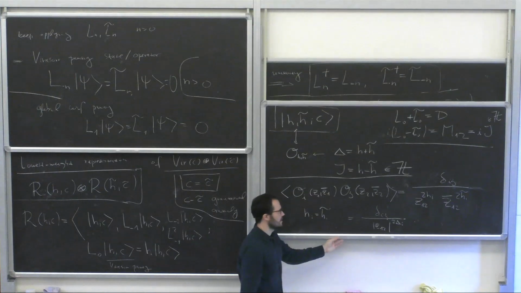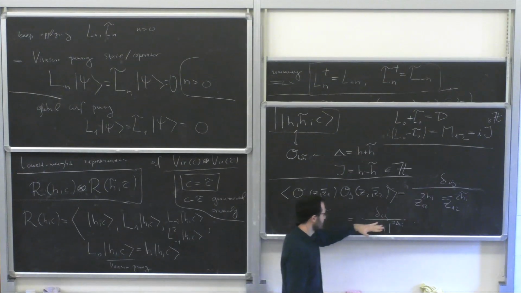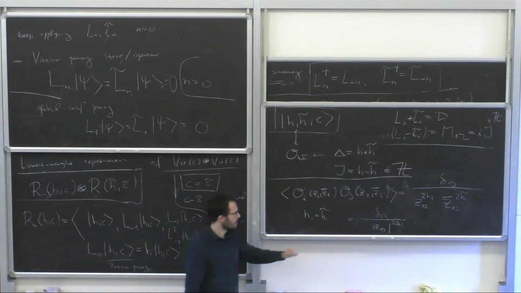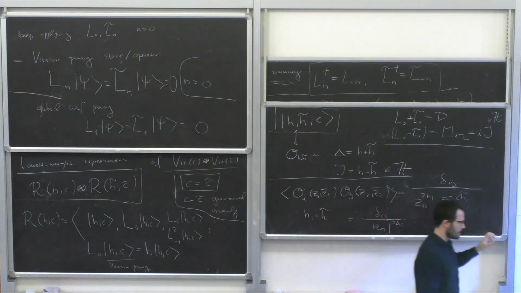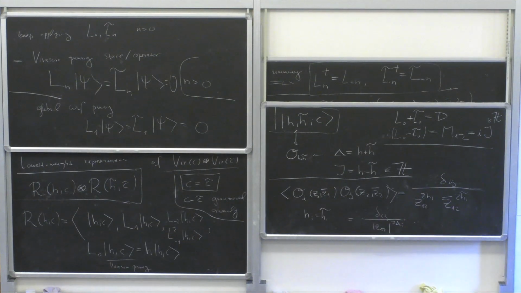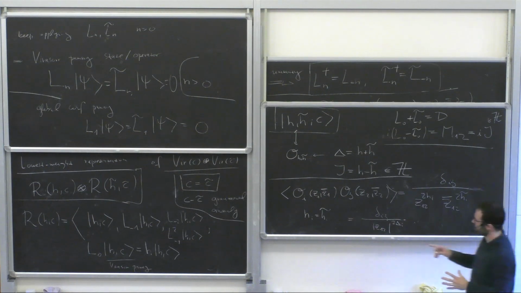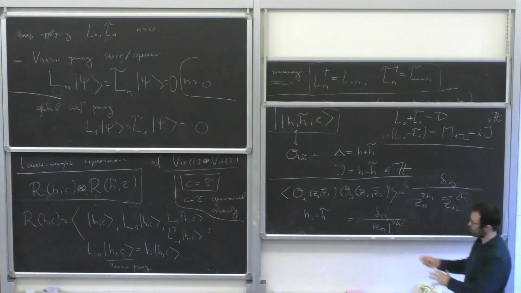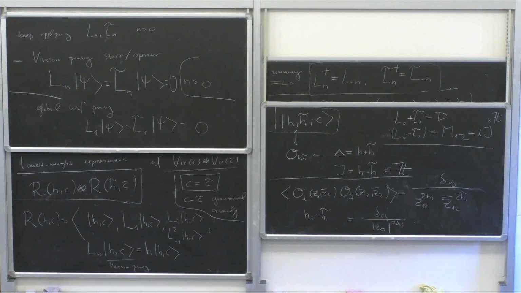So this formula generalizes the formula that I showed you in general dimension to the case with spin. There's also a pretty nice closed formula for the 2-point function of spinning operators in general dimensions, but I didn't show it to you. It's a little too complicated to write on a blackboard.